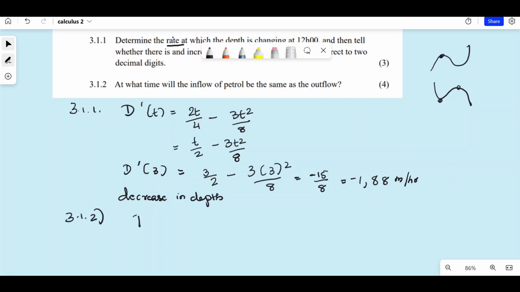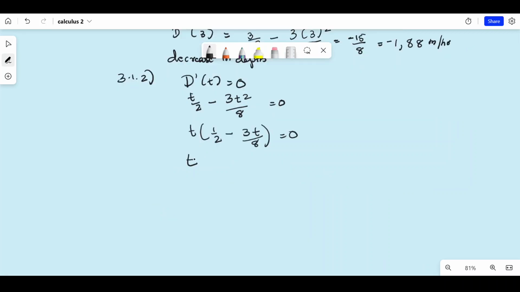That means d prime t is now equal to 0, but we already calculated d prime t, so it's t over 2 minus 3t square over 8 equal to 0. Let us simplify. Equating each factor to 0 will give you t equal to 0 or half minus 3 over 8t equal to 0.